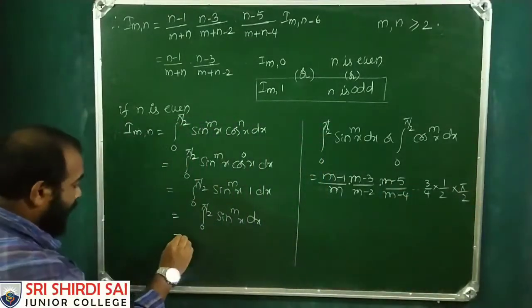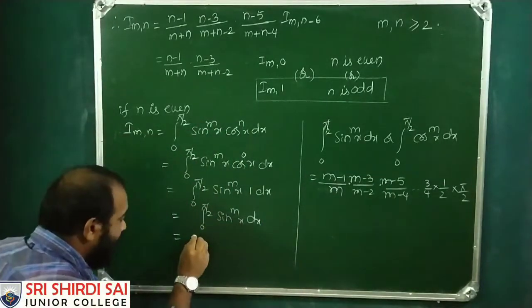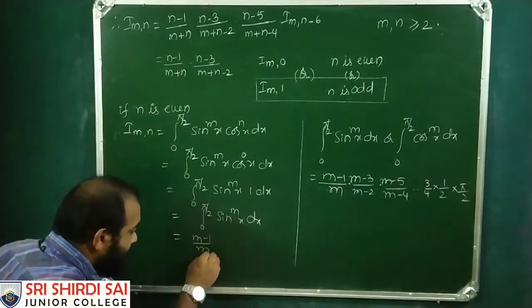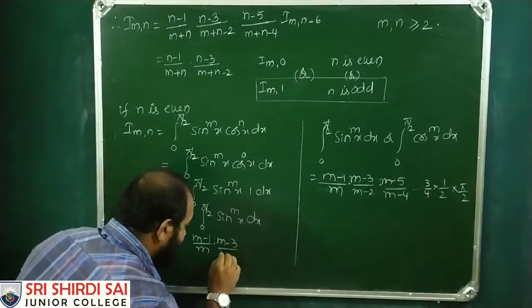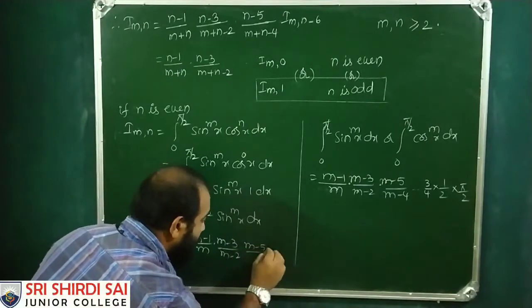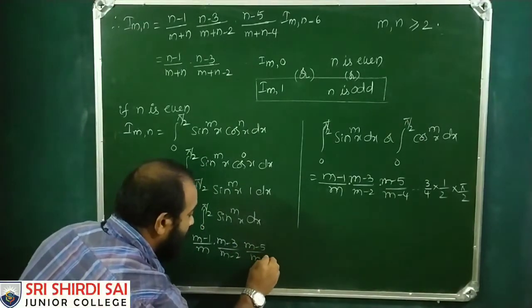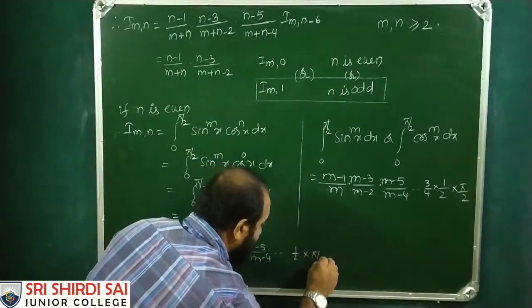So I may write this as m minus 1 by m, m minus 3 by m minus 2, m minus 5 by m minus 4, etc., 1 by 2 into pi by 2.